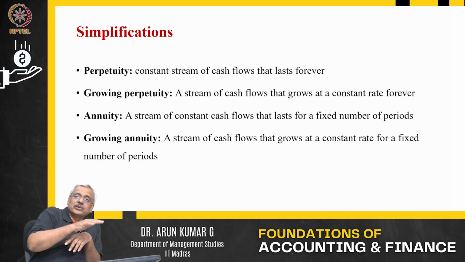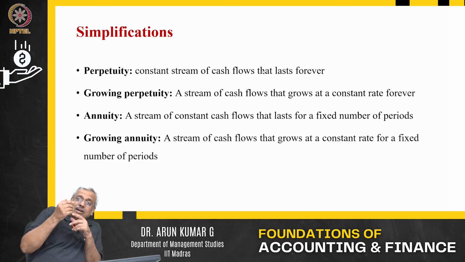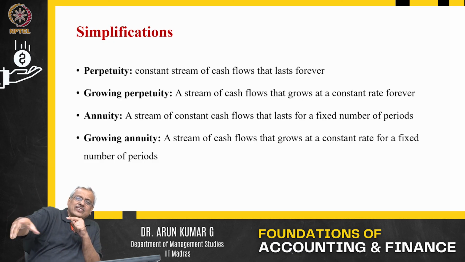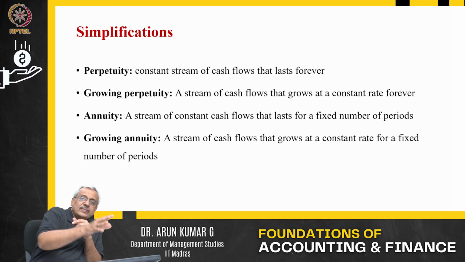I am talking about an annuity. How much that is depends on my expected return, my discounting. If the discounting on my investment is 5% or 8%, how much do I have to invest today so that I get a consistent return of 10,000 rupees for the next 5 years? Annuity.